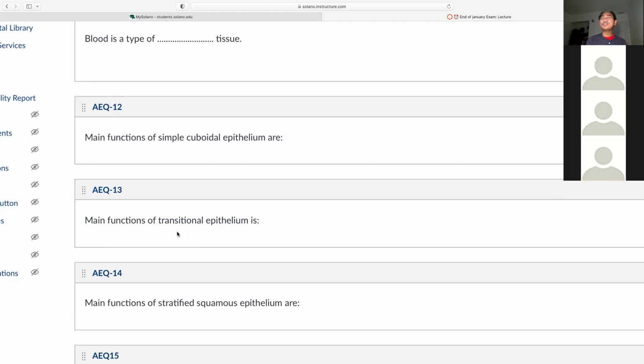Main function of the transitional epithelium. You saw the transitional epithelium? There are not many transitional epithelia in our body. Would it be the stretchy one? Yeah, stretchy one, for your urine, so your bladder and stuff.